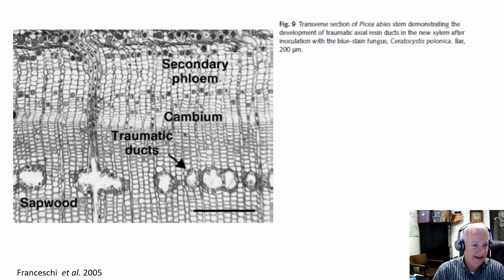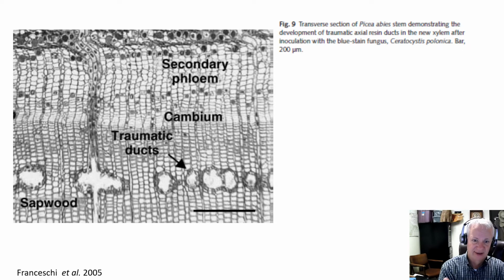So here's an example of traumatic resin ducts. Certainly there are constitutive resin ducts in pines, but there also is induced production of traumatic resin ducts, which are just new resin ducts produced by the vascular cambium in the sapwood, where xylem mother cells that would normally be used to produce tracheids produce resin ducts instead.